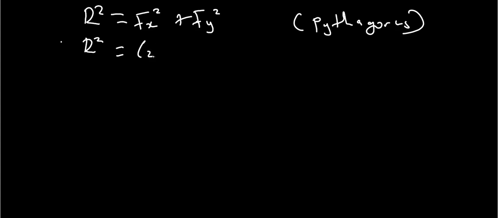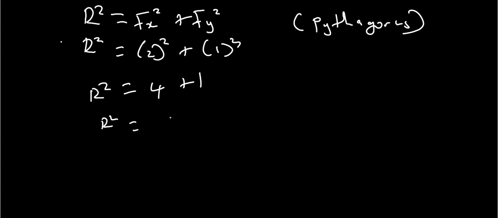So we have 2 squared plus 1 squared, which is 4 plus 1, so R squared equals 5. We want the value of R, so we eliminate the square.